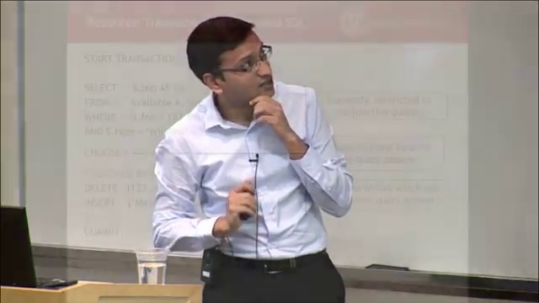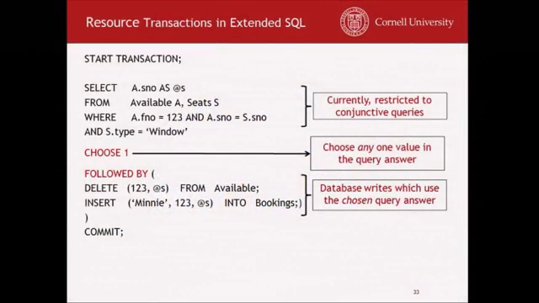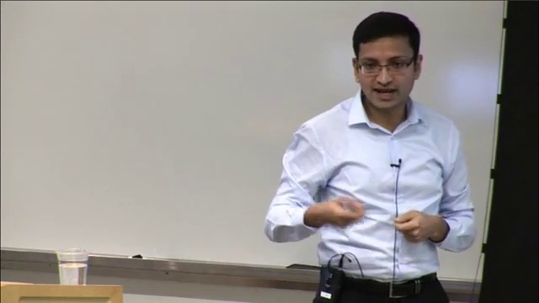In order to do this, we need to extract the user's constraints from the transaction itself automatically. Doing this in its full generality is difficult, and therefore we require some hints from the user. We require the user to write the transactions as resource transactions in an extended SQL language, which looks like this. It has a conjunctive query initially, which says, what are the resources which are acceptable to me?